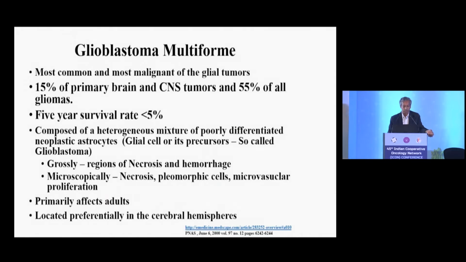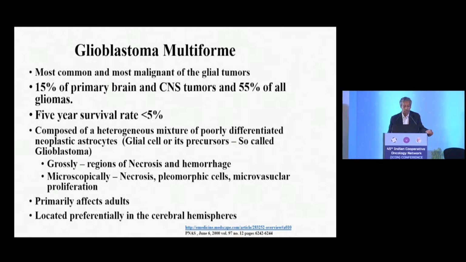So what is Glioblastoma Multiforme? It's one of the most malignant and most common of the glial tumors. It constitutes about 15% of primary brain and CNS tumors and 55% of all gliomas. As I mentioned, in some series, the survival is less than 5% at 5 years.